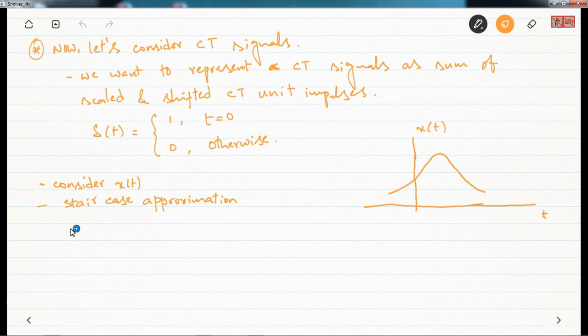That means delta of t is equal to 1 over delta, for 0 up to delta, and zero elsewhere. So we are considering this signal.